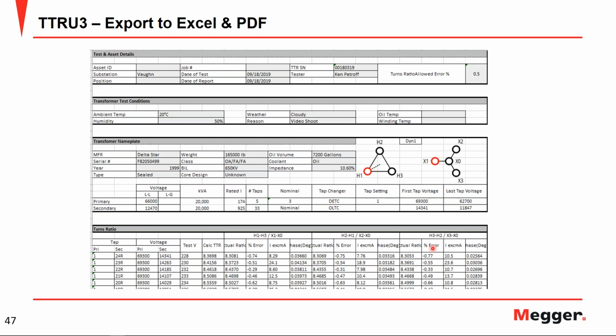So again, making it very easy for you to not only run and execute your tests, but for you to report the results, whether it's to your supervisor, to your manager, or to the company who has contracted you to do that testing.